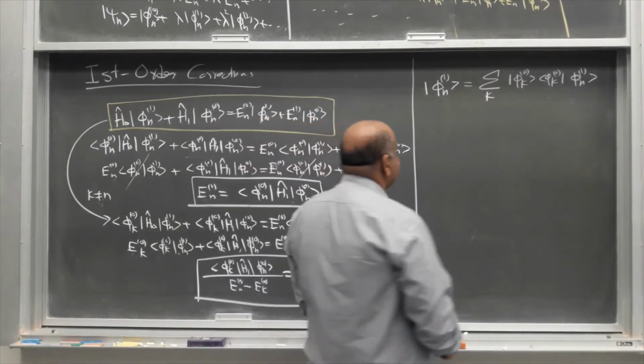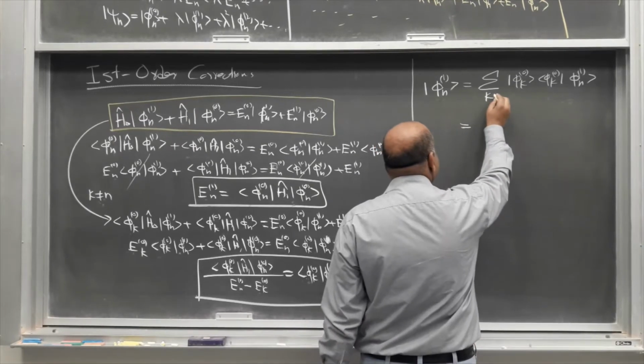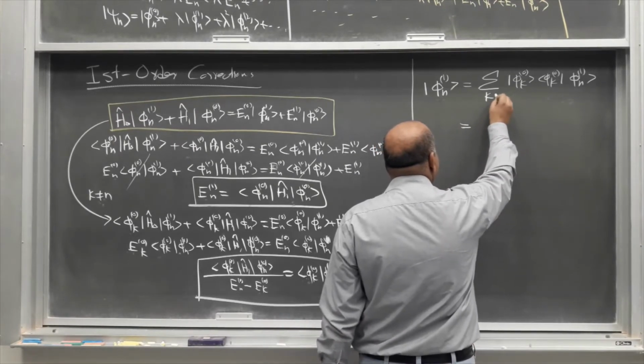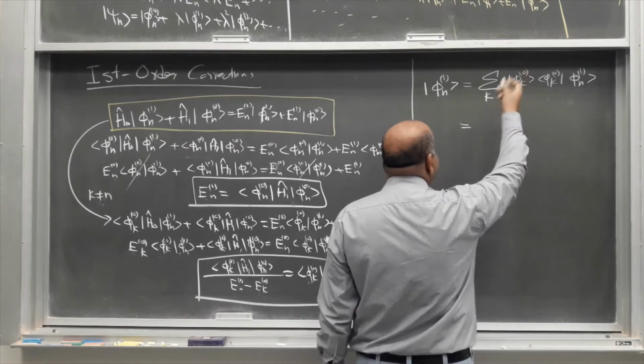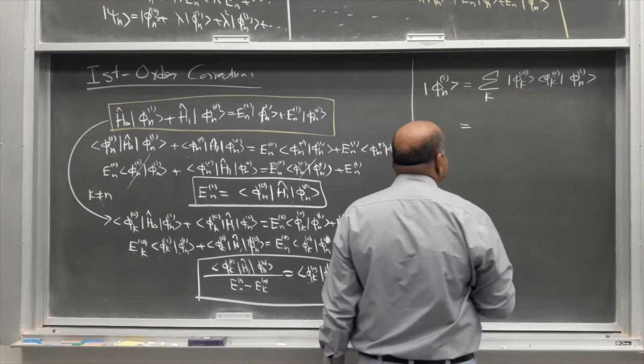So we have this representation, the sum from k equal to 1, 2, 3, 4, 5 up to all the values, maybe infinity if this is an infinite set.